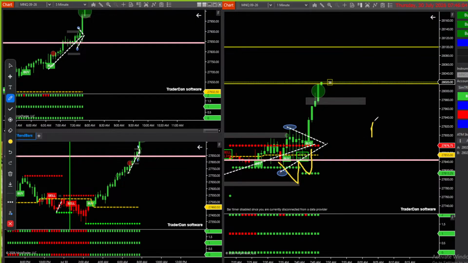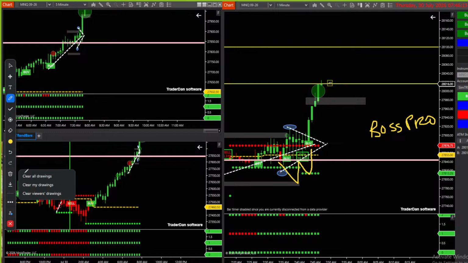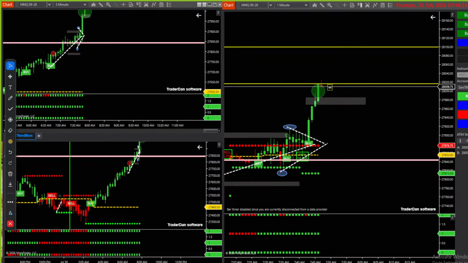So, the Boss Pro gave you a long, all of them gave us a long. I can't log into my other accounts here. I don't know why it's not logging in. Some people would probably say this is a parabolic breakout.